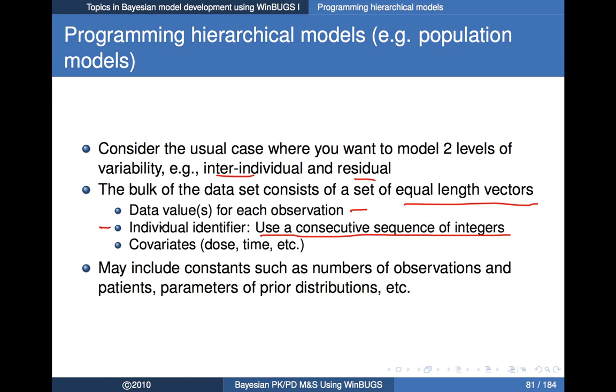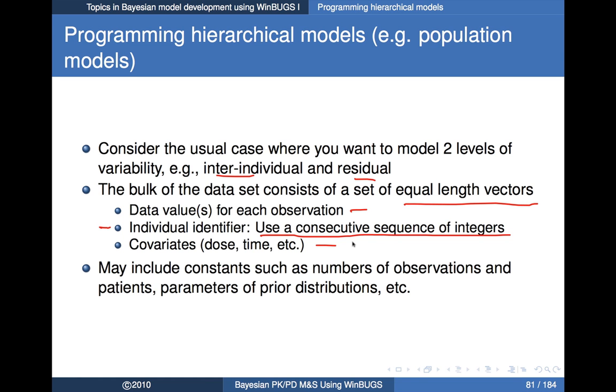And if your initial data set doesn't have that, it's fairly simple to create one. If you've got a NONMEM data set where ID has a bunch of values which are unique but not a sequential set of integers, it's pretty easy to construct another column that will be such a sequence of integers.